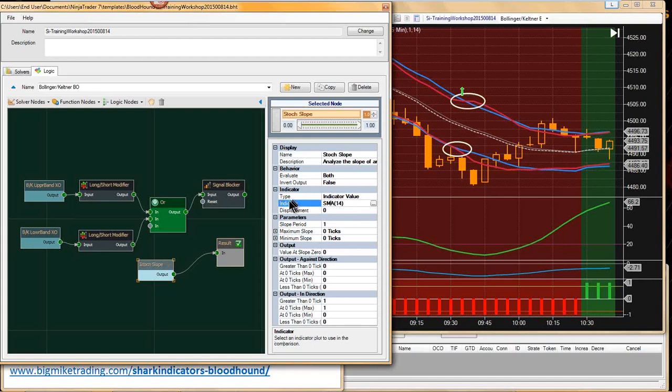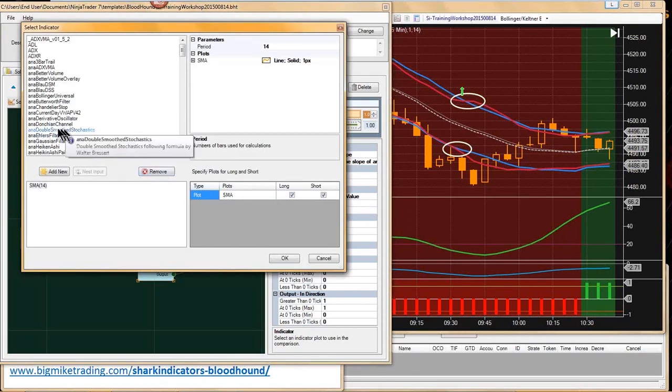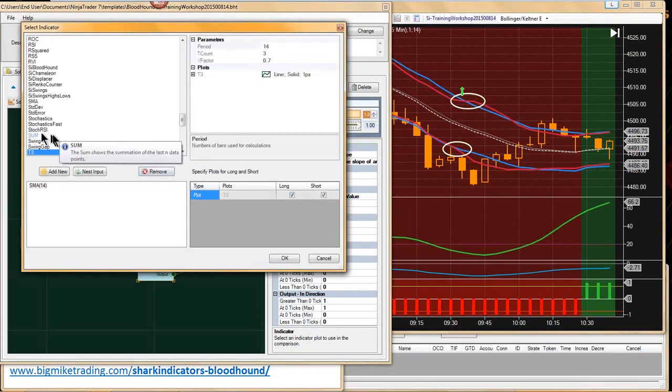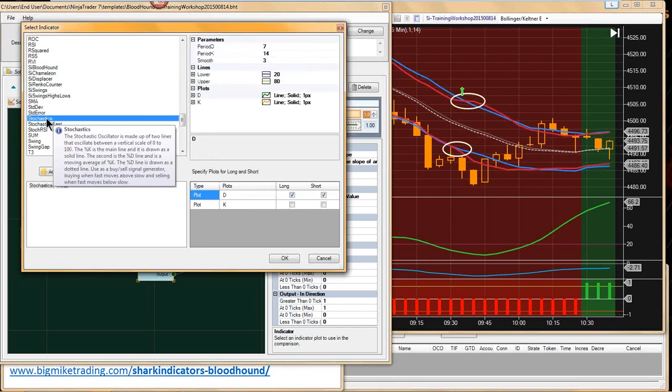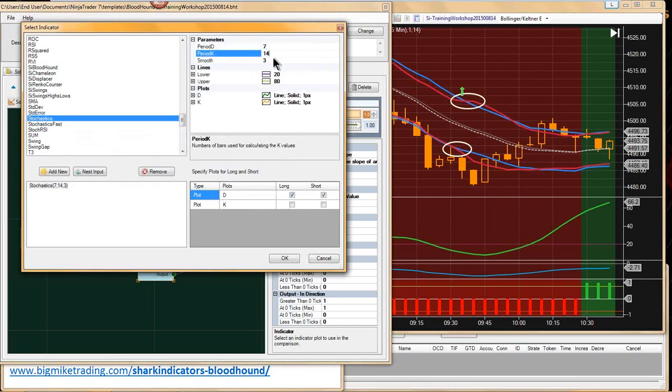And next step, select our stochastics indicator. Let's open that up, go down to the stochastics, and I'm just going to use the default indicator settings. And Ben wants to use the D in this case.